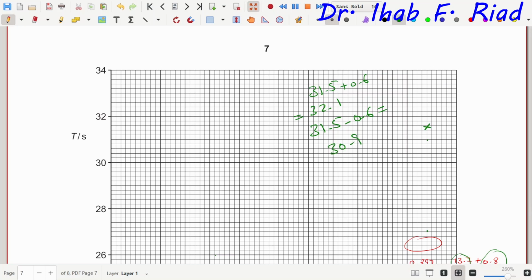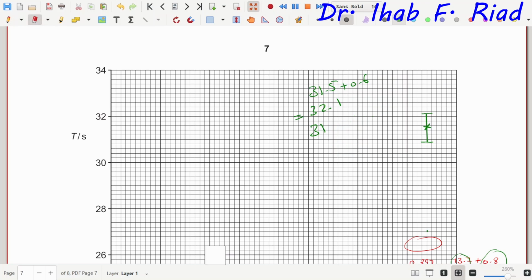Okay, so this is 30.9 over here. Okay, and this is 32.1 over here. Okay, and here is the error bar.